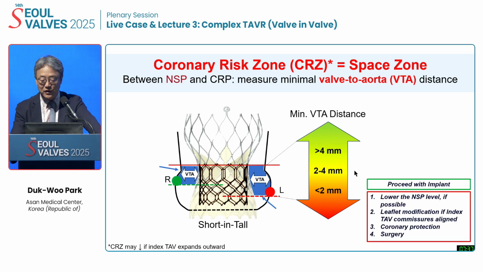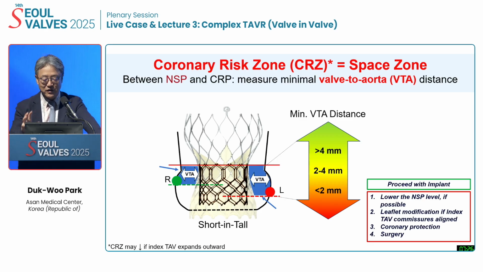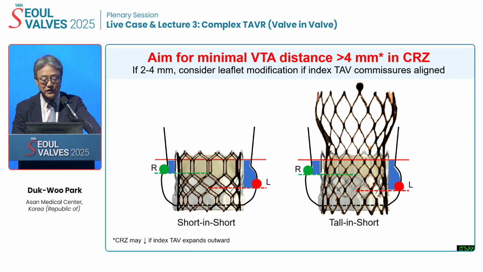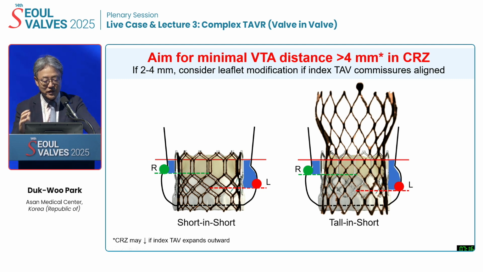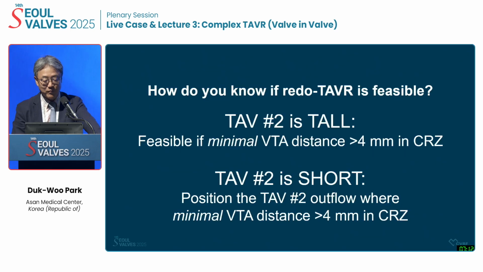We consider other things: leaflet modification and coronary protection, as shown in our case. With a very narrow VTC and a valve frame totally covering the coronary ostium, we should consider surgery. This is the VTA zone comparing the coronary risk plane and the stent frame, and this is quite comparable.